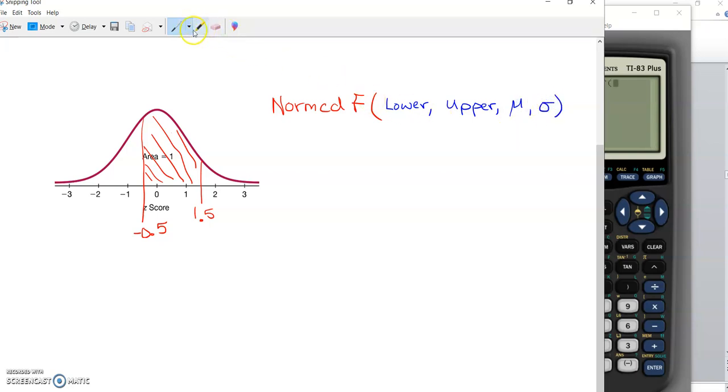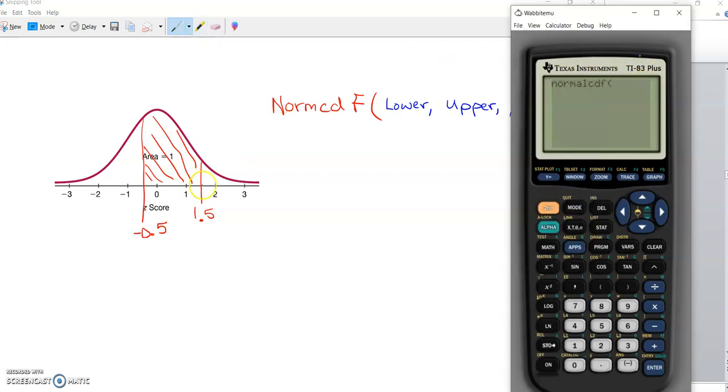In this case, for the problem that I made up here, my lower bound is negative 0.5, comma, my upper bound is 1.5, comma, my mean is 0 because this is the standard normal distribution, and my standard deviation is 1.